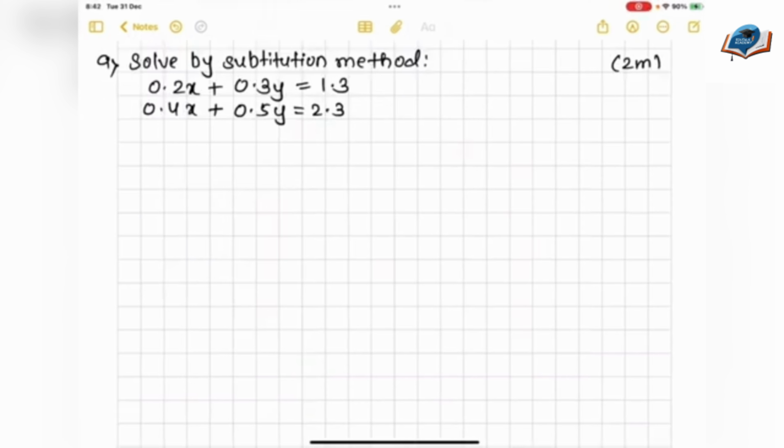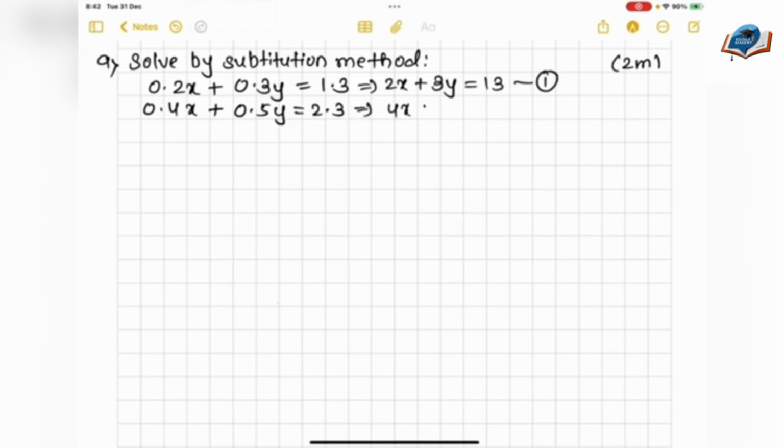Now the next question says solve by substitution method 0.2x plus 0.3y equal to 1.3 and 0.4x plus 0.5y equal to 2.3. So first of all, multiplying both equations by 10, I will get 2x plus 3y equal to 13. This is number 1.